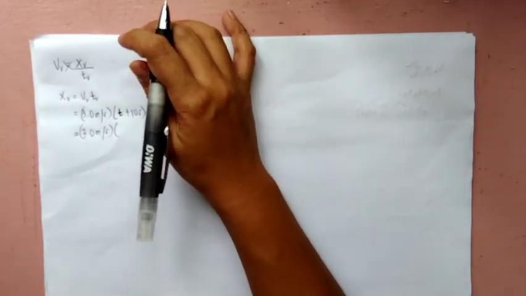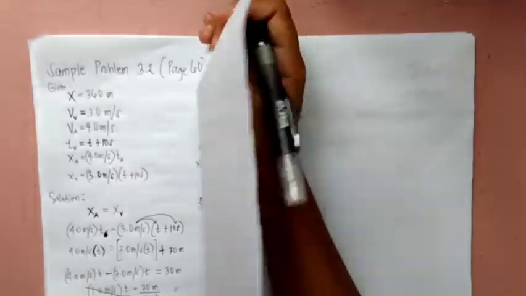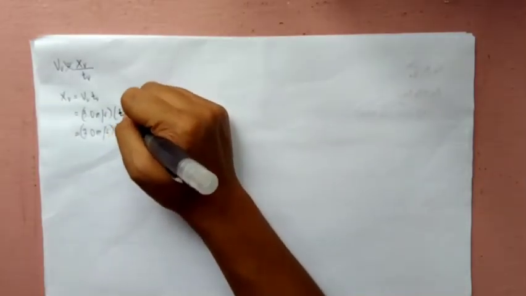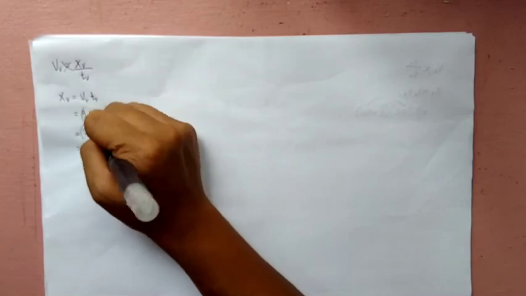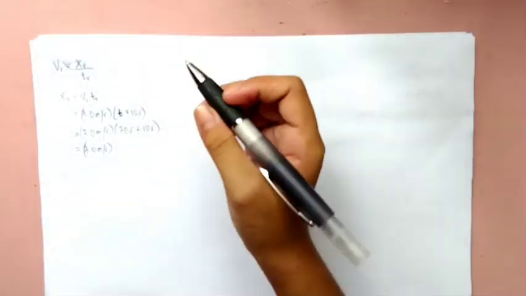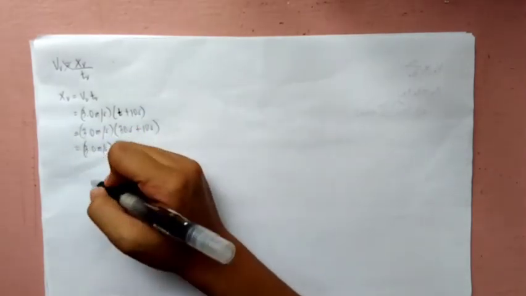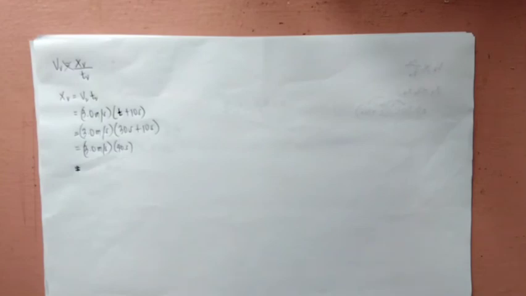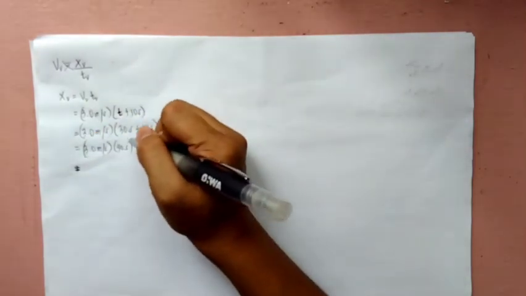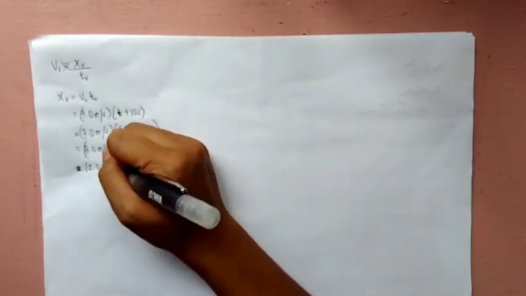Time is 30 seconds plus 10 seconds. 30 plus 10 is 40 seconds. 40 seconds times 3 meters per second, you have 12 meters.